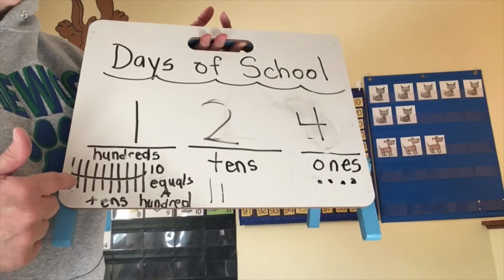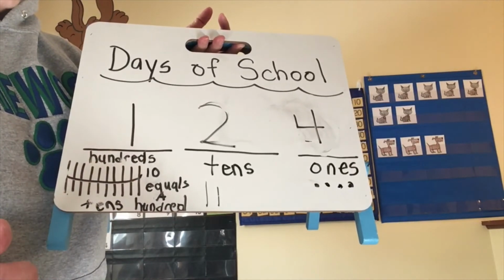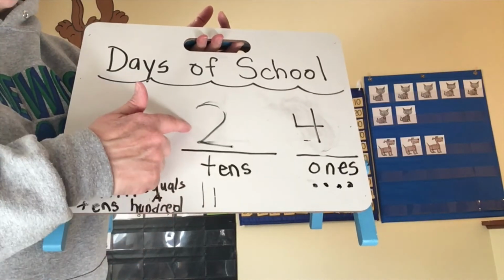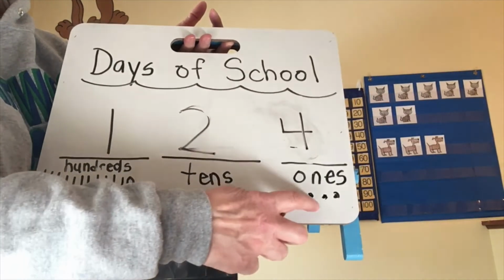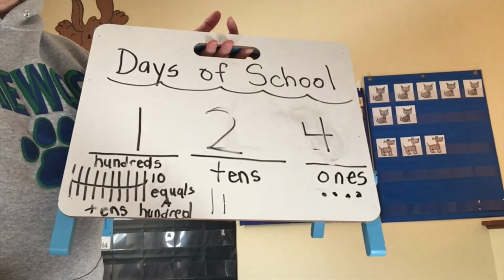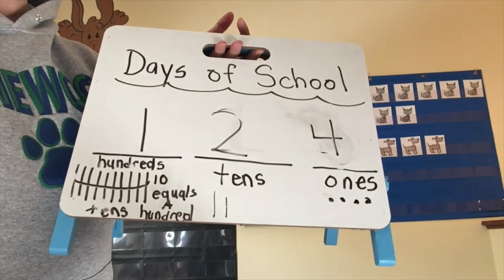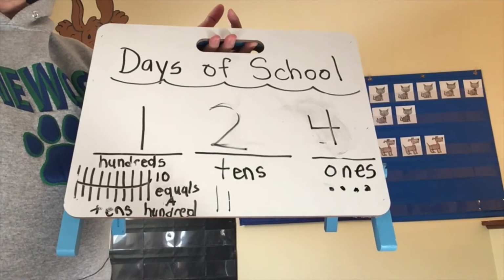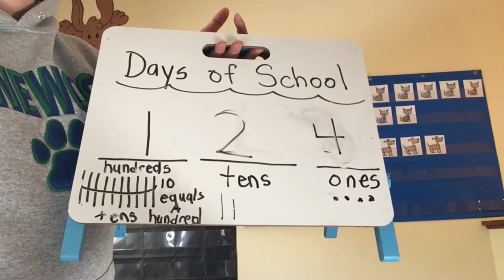So I have 10, 20, 30, 40, 50, 60, 70, 80, 90, 100. We have 2 tens, 10, 20, and we have 4 ones. 1, 2, 3, 4. So the number is 124.